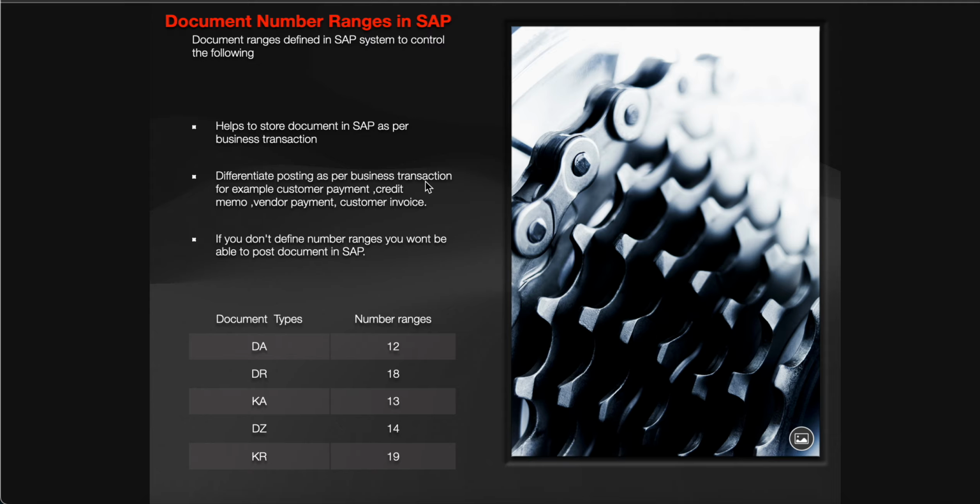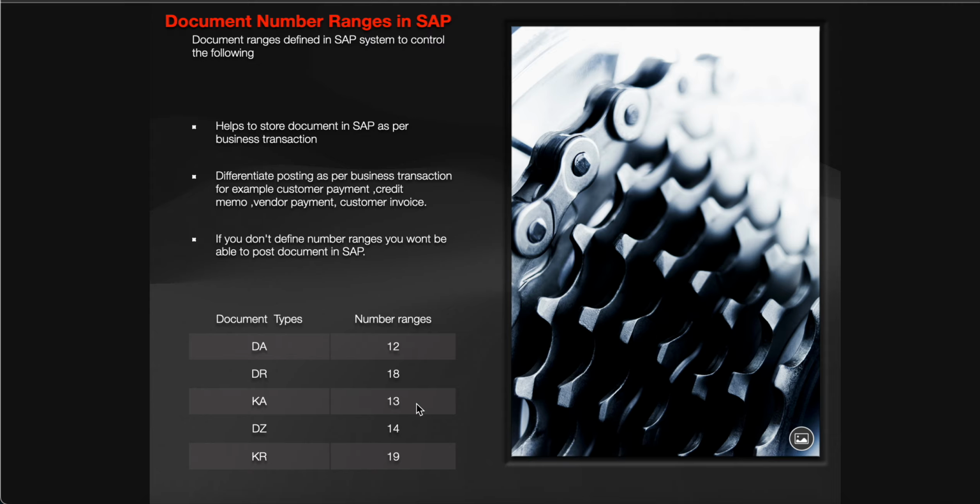We need to define document number ranges. Document ranges are defined in SAP systems to control the following: helps to store documents in SAP as per business transactions, differentiate postings. If you see, it's a vendor payment, customer payment, it's an invoice. And as I said, if you don't define a number range, you can't post a document in the SAP system.